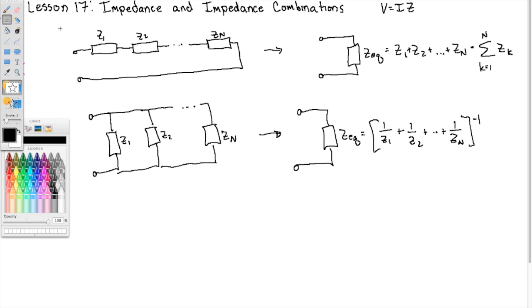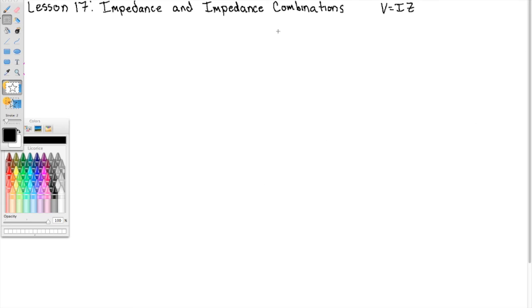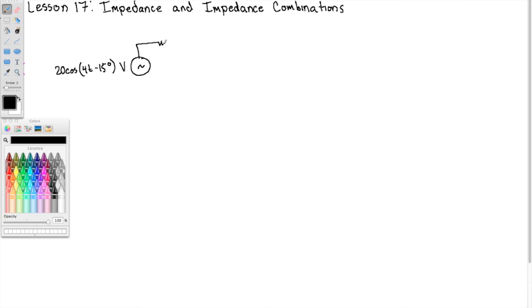Now let's look at an example. Alright, let's take a voltage source of 20 cosine 4t minus 15 degrees volts connected to a 60 ohm resistor and a 10 millifarad capacitor and a 5 Henry inductor.